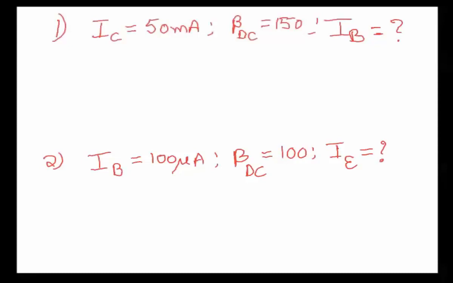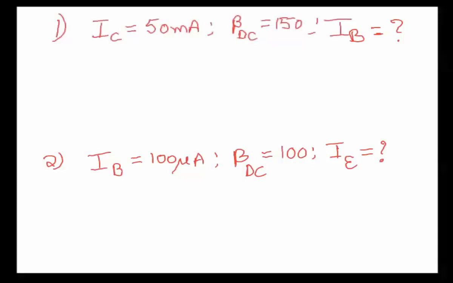So, anyone got a result for the first one? You said 7,500 milliamps, 7.5 amps. Just think about it. If the base current is 7.5 amps, how much collector current is given to you?